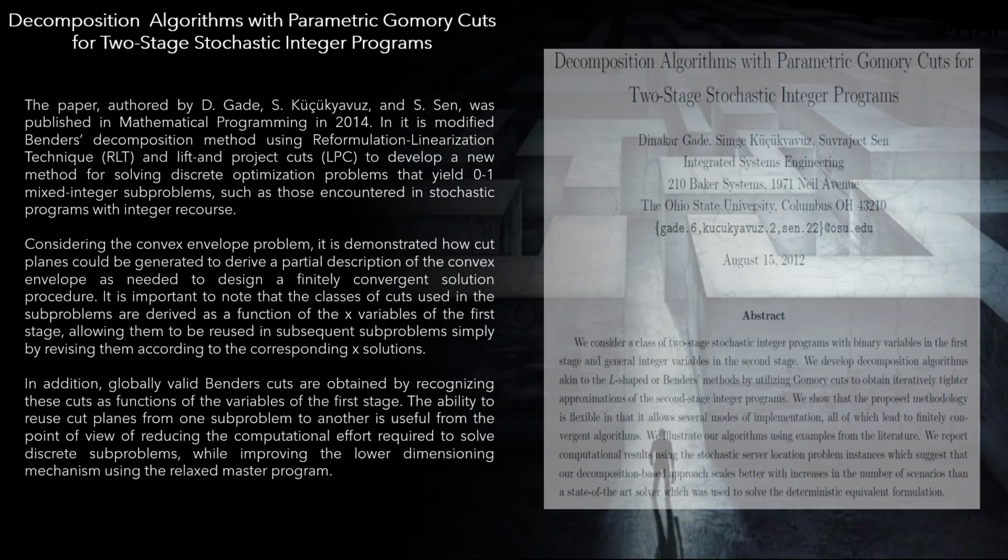In addition, globally valid Benders' cuts are obtained by recognizing these cuts as functions of the variables of the first stage. The ability to reuse cutting planes from one subproblem to another is useful for reducing the computational effort required to solve discrete subproblems, while improving the lower bounding mechanism using the relaxed master program.